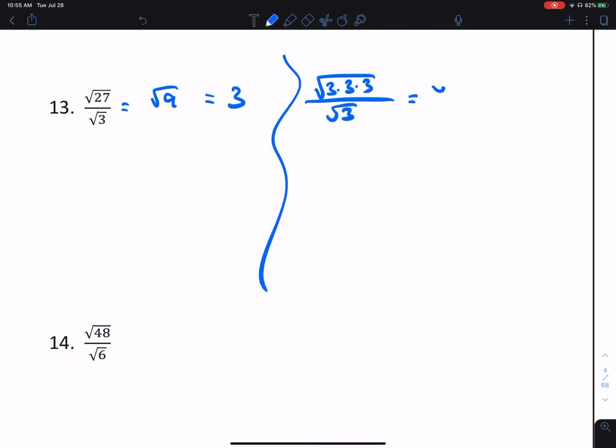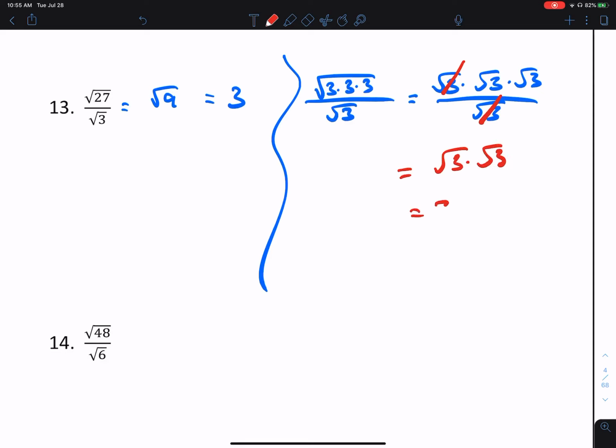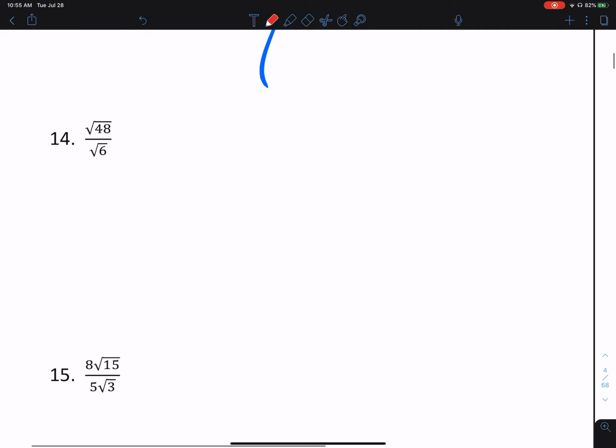And if you wanted, you could write this as square root of 3 times square root of 3 times square root of 3. These are identical, just different ways to write them. We could then say if we divide the square root of 3 by itself, they cancel, means if you divide them you get 1. We're left with square root of 3 times square root of 3, which I believe we understand is 3.